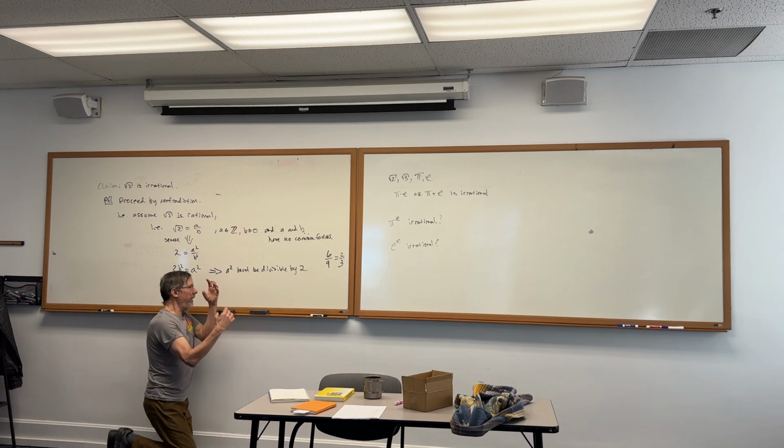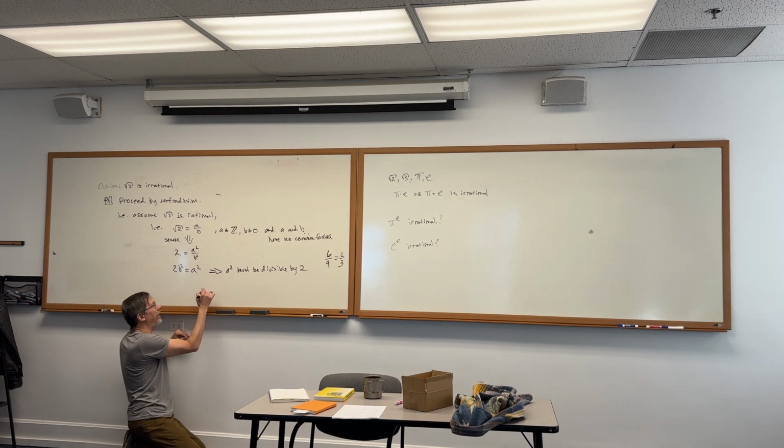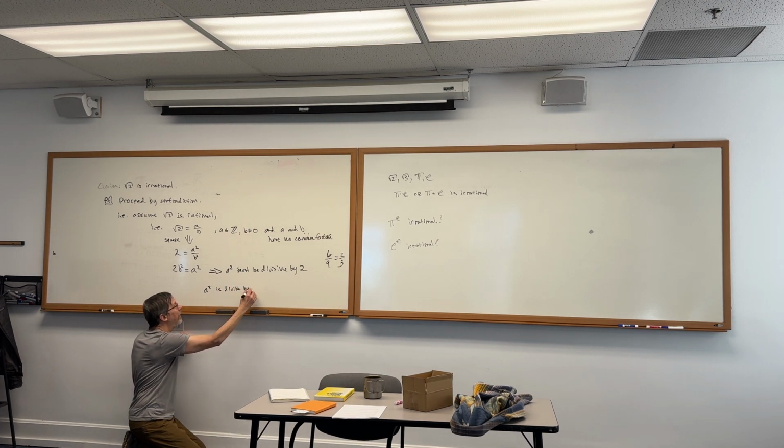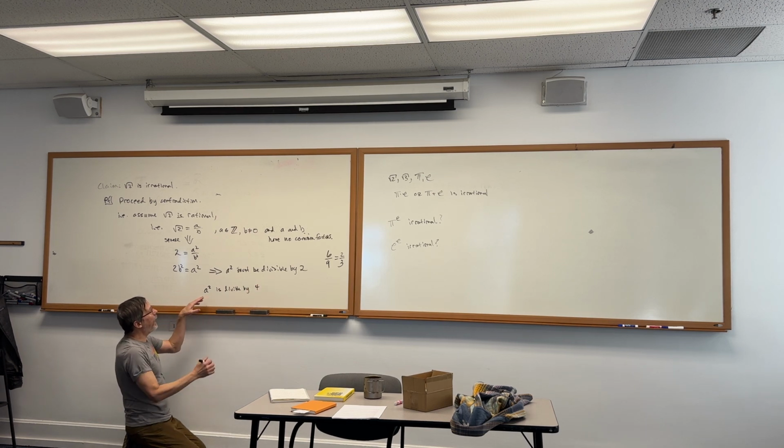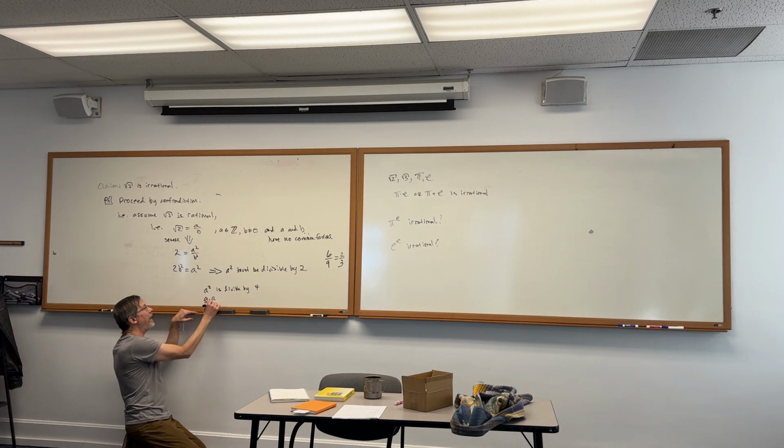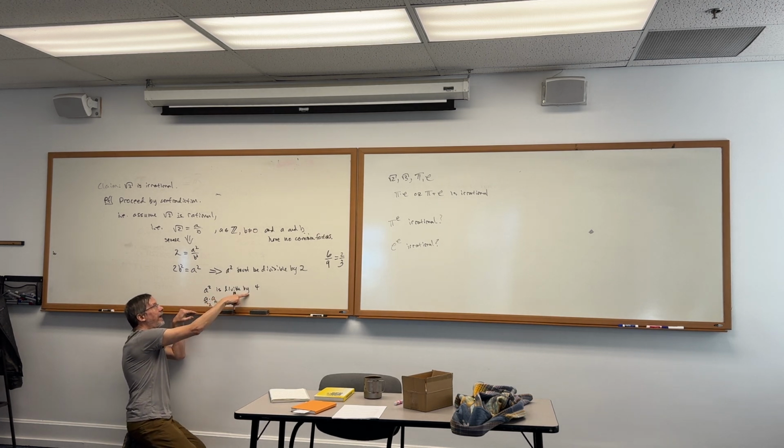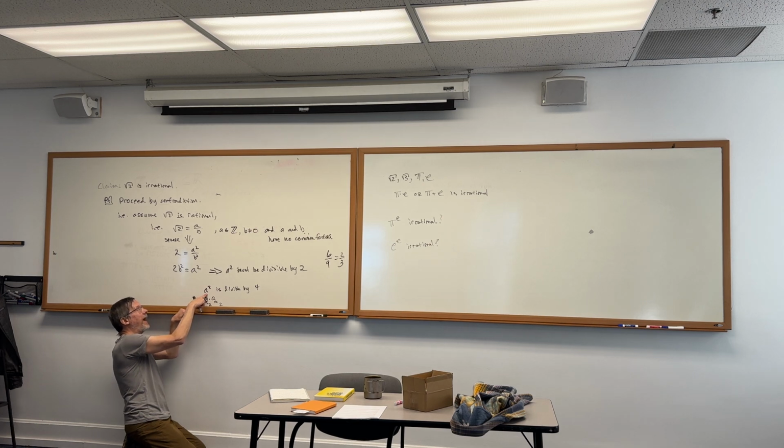Now, let me get there another way. You don't write this down, but what if I had said to you, a squared is divisible by 4? Then it's possible that a is divisible by 2, and since I've got a times a, the whole thing could be divisible by 4. So 2 could be a factor of a itself.